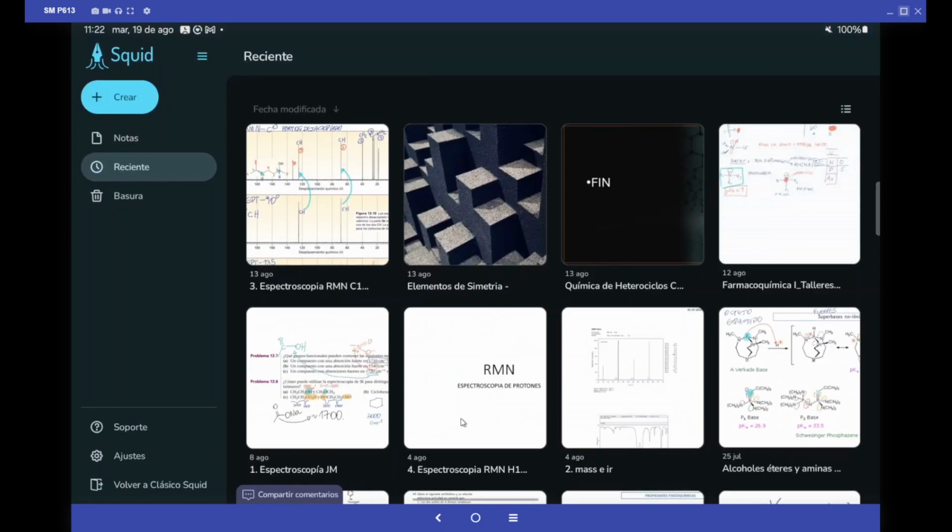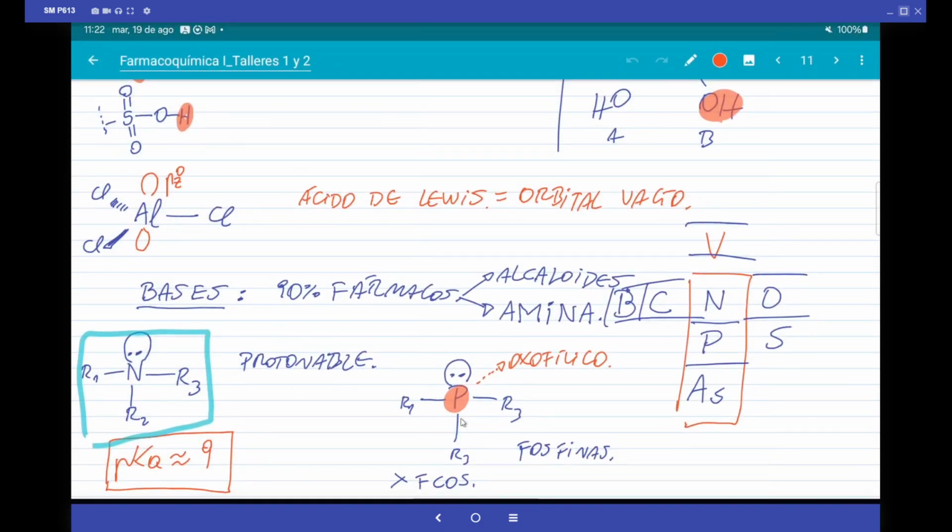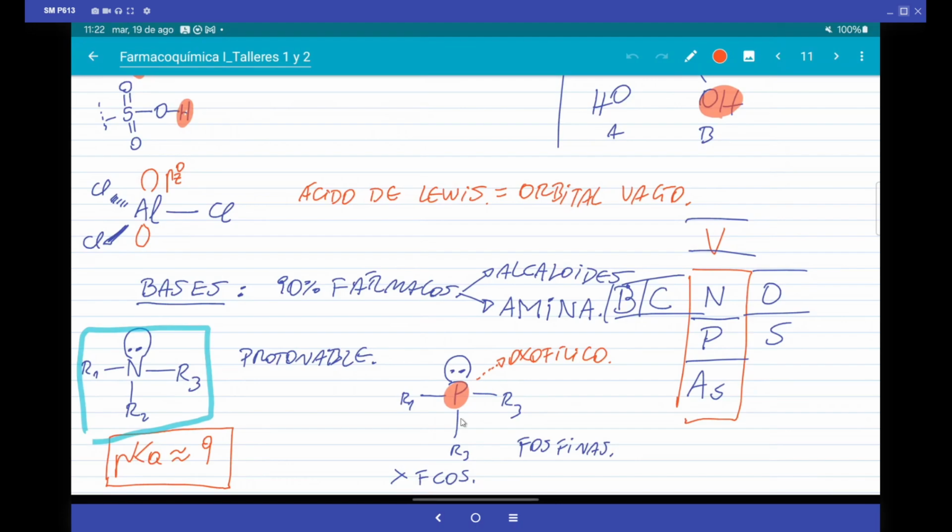Phosphorus is of period 3, so it has 3s2 3p3, but the problem is that this electron pair is very large, and it is badly coupled to a proton of the 1s0 type. A proton is a small orbital, so when the clouds are of different sizes, they do not fit well.